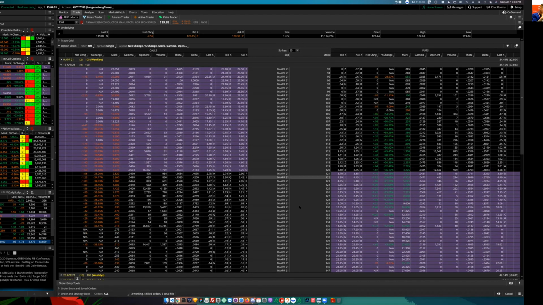TSM, April 16th, 134. Look at that open interest, 26,000. 130s are super cheap. 125s.